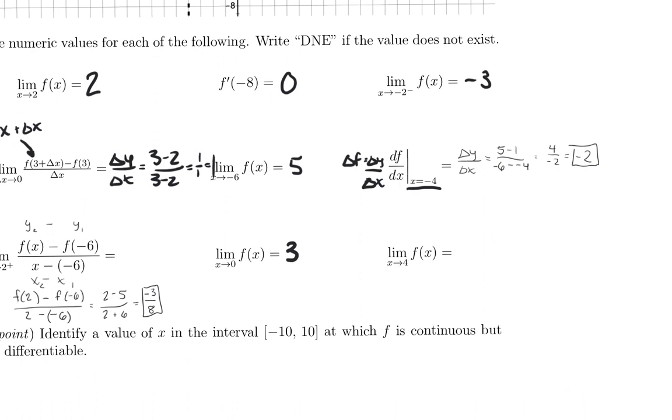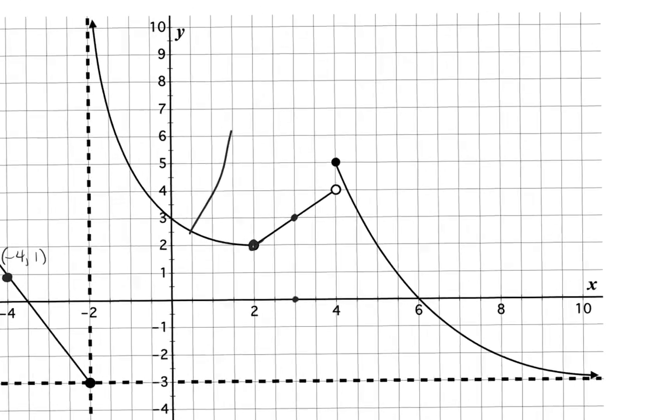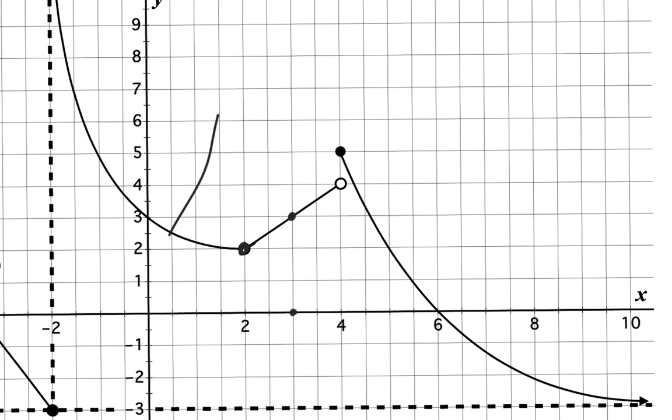Now the last one, the limit as x approaches 4 of f of x. So I'm going to come up here, and I'm going to grab my laser pointer, and I'm going to see from the left side, here's 4 right here. From the left side, f approaches 4. And then from the right side, f approaches 5.